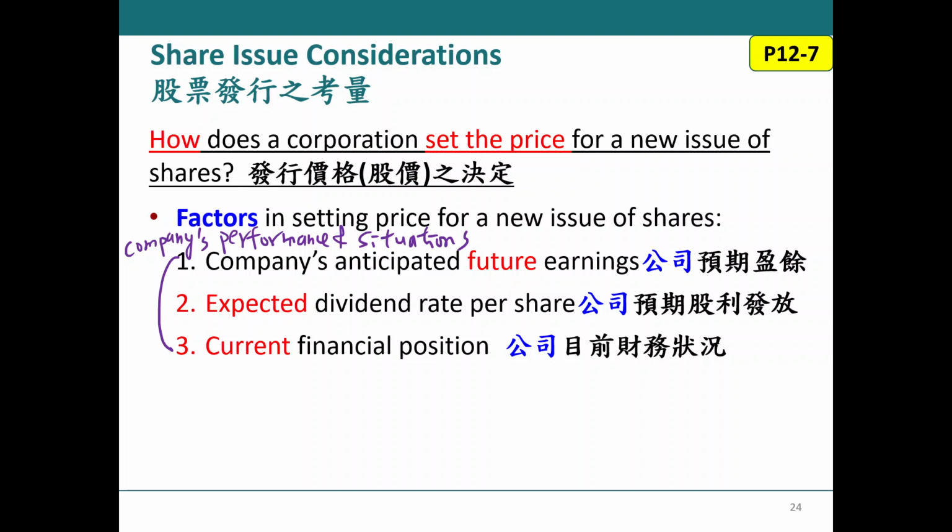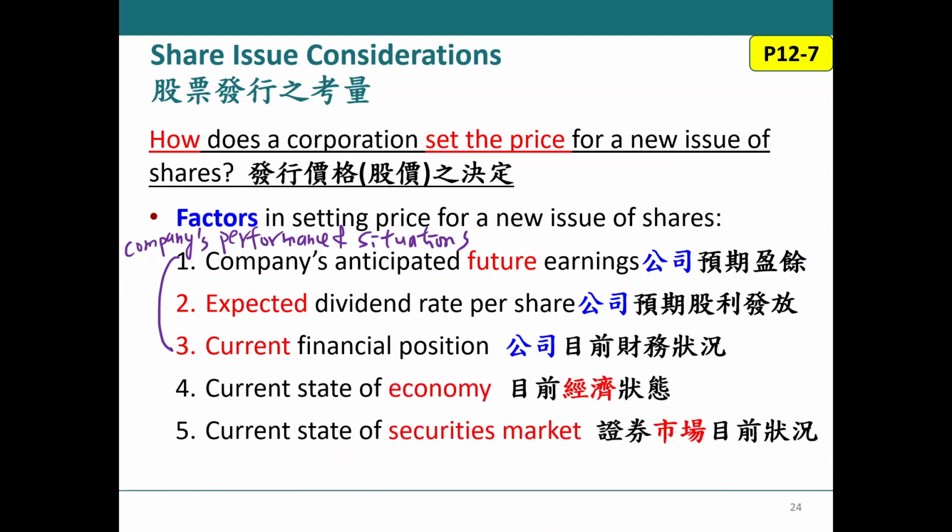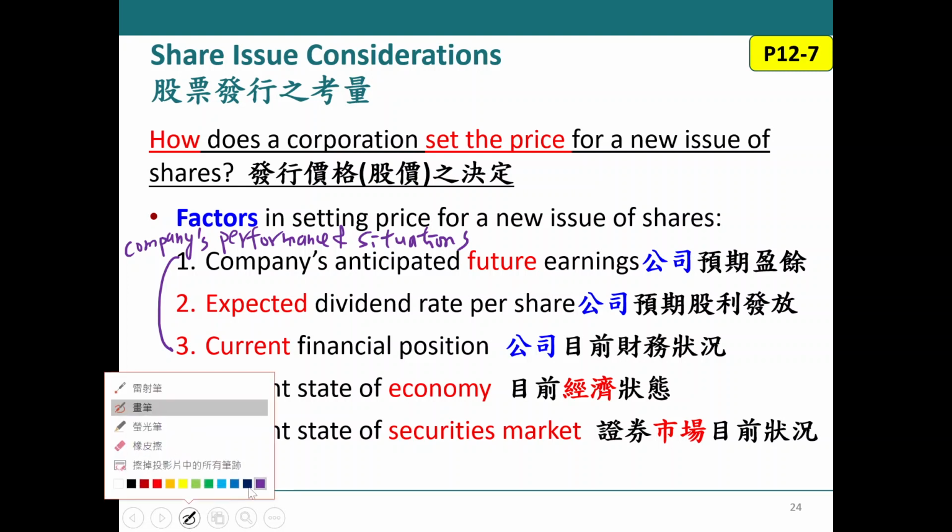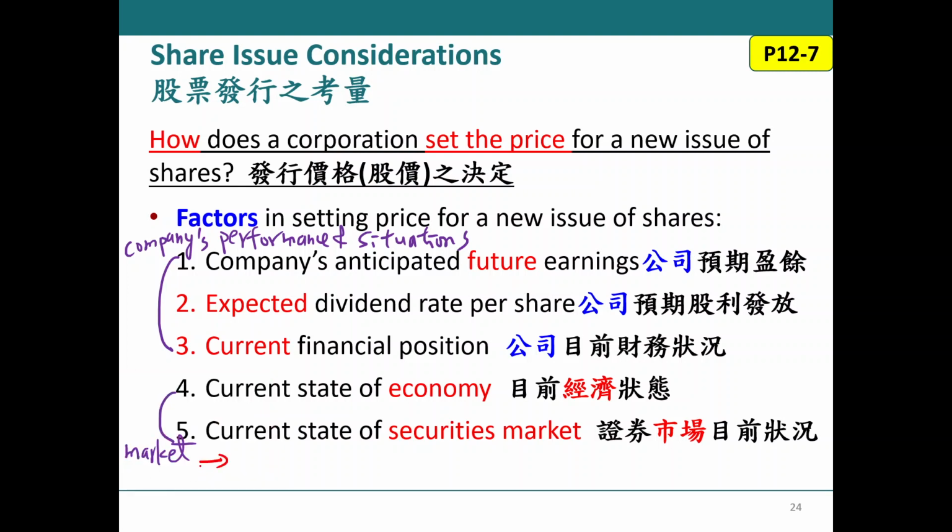Because other factors still will affect your company's share price. Like what? Economy. So the market. The market could be a local market or a global market, right?